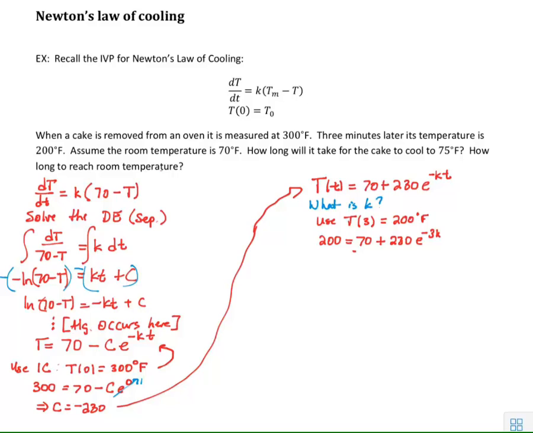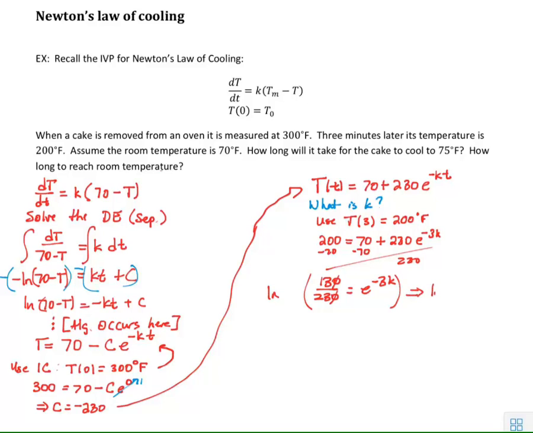So let's subtract 70 from both sides and divide everything by 230. We end up with 130 over 230 is equal to, the 70s cancel, so it's just e to the negative 3k when we've divided off the 230. Of course, we can cancel out 10 out of the top and bottom of the fraction on the left-hand side, and then take the natural log of both sides.